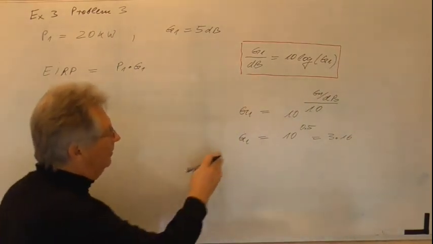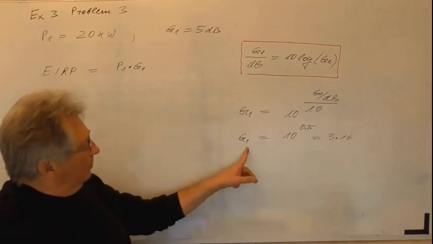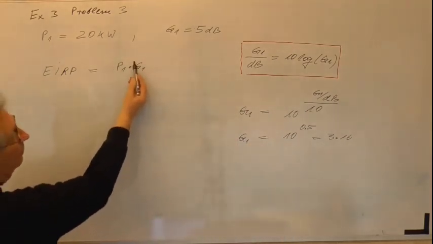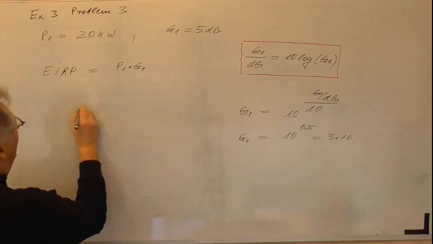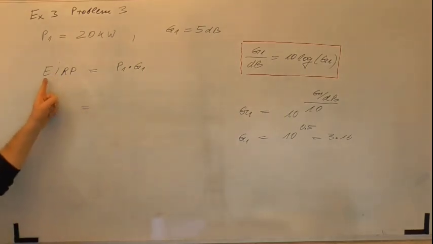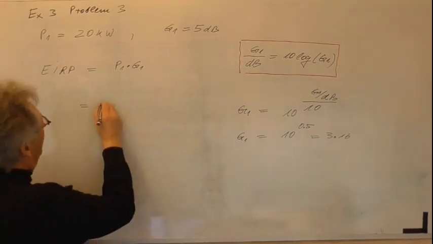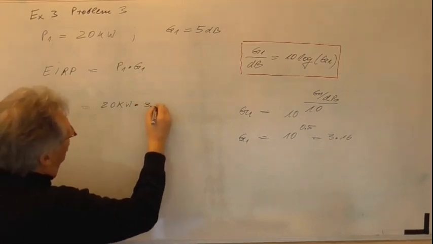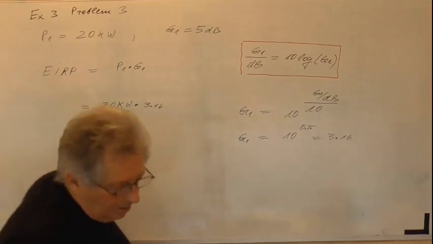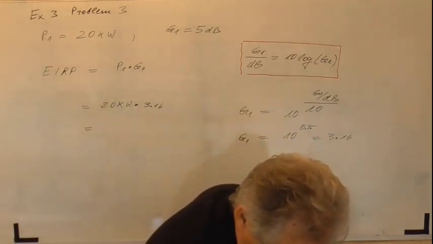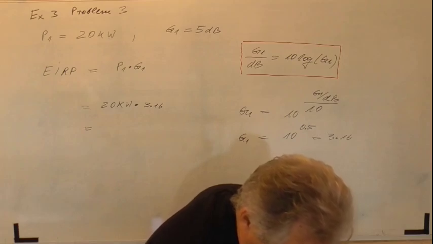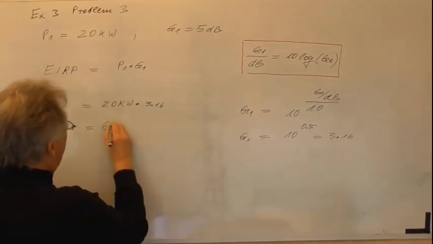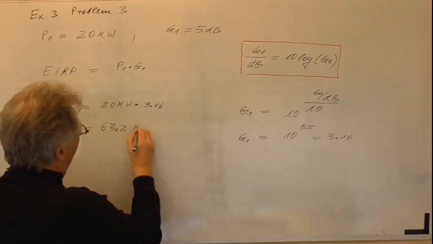So G1 now shows a value of 3.16, and we can insert this value into the equation. Then for the EIRP we have 20 kilowatt times 3.16, and if you calculate the value, 20 times 3.16, it's 63.2 kilowatt.